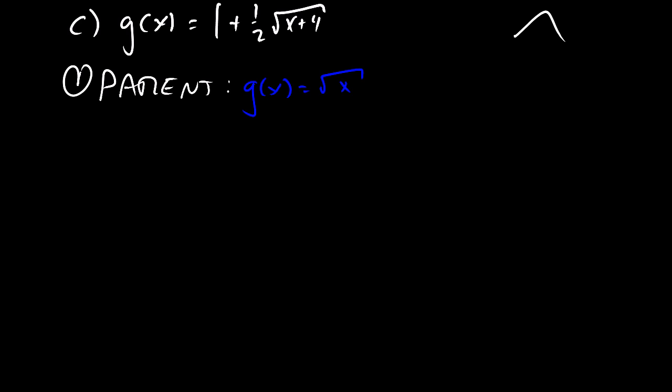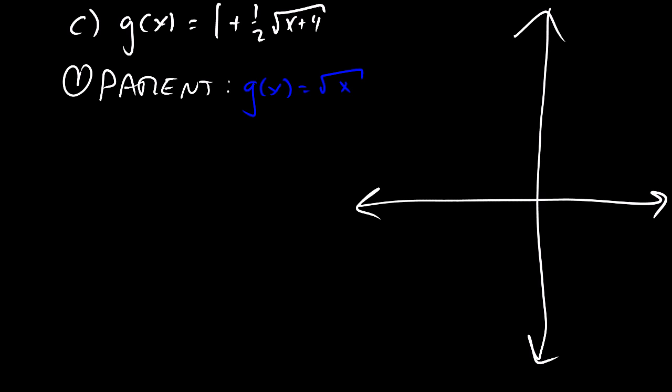And now we have to graph our parent, because that's going to tell us what our graph is going to look like. So our parent graph, we know the square root of x starts at our origin and shoots off to the right. Done.